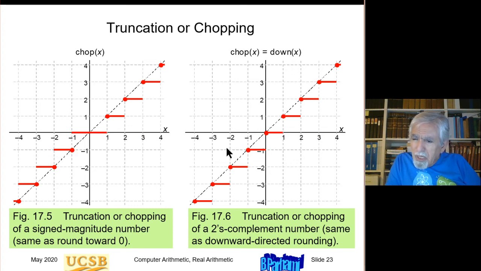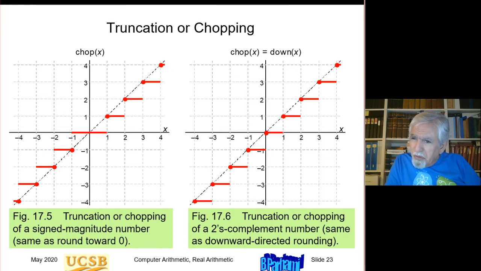If you have 2's complement representation, then because the bits that you chop are positively weighted, the number always goes down. So if it's positive, it goes down when you chop. If it's negative, it also goes down. So numbers in the range -1 to -2 become -2 when you chop those extra bits.